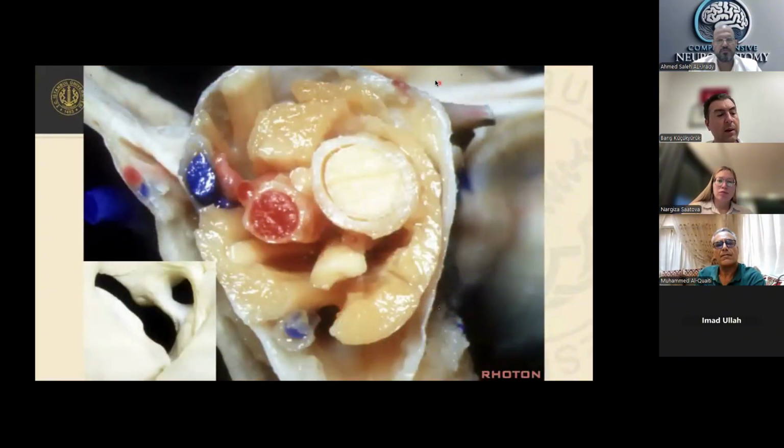And after they pass through the superior orbital fissure, these three cranial nerves we're focusing on today reach the orbit.